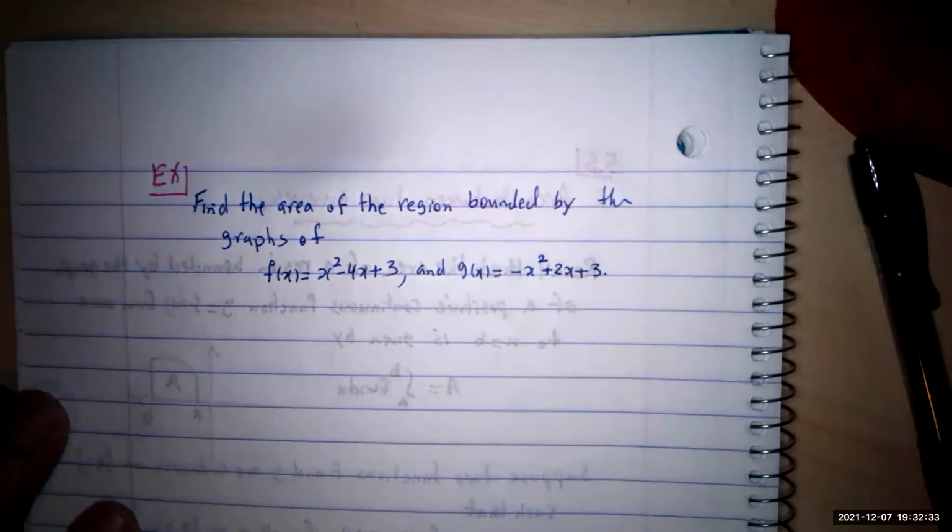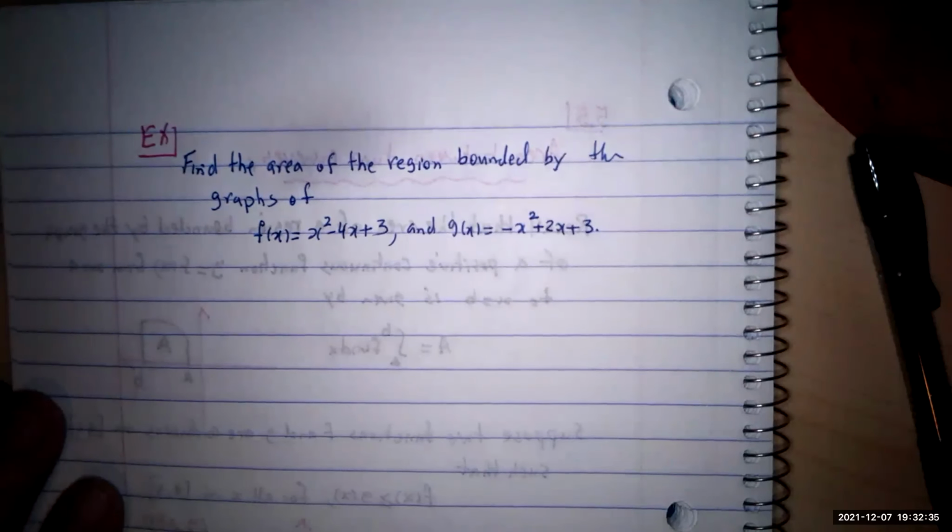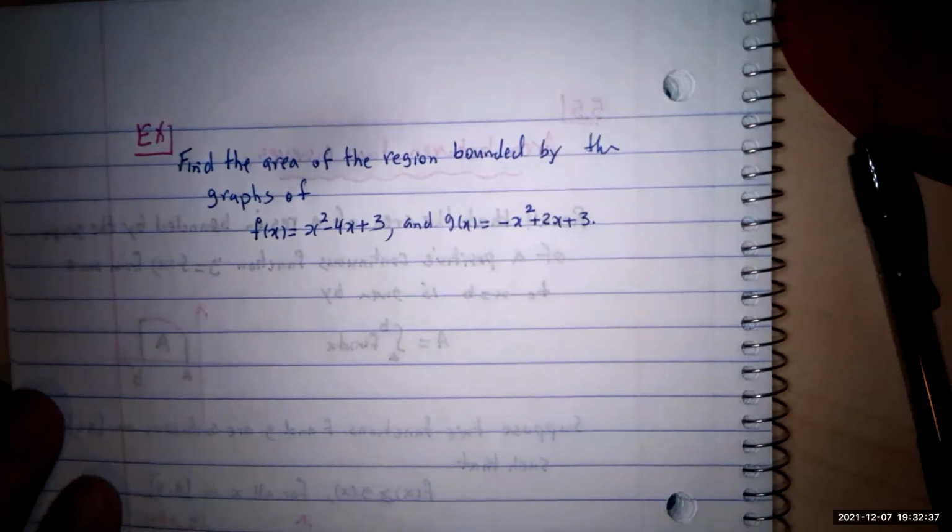So that's going to be the one. You can graph it if you like, but you don't need it to get which one is going to be on the top, or you can just use algebra to take care of it. But you have to find the intersection points first. The limits of your integration are going to be their intersections.